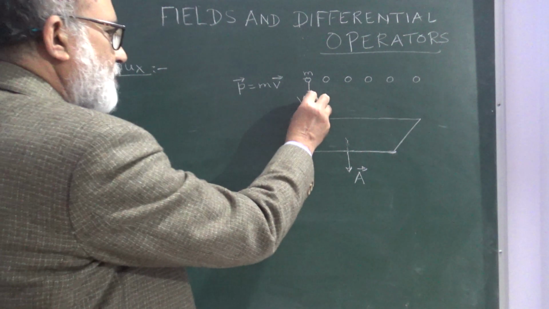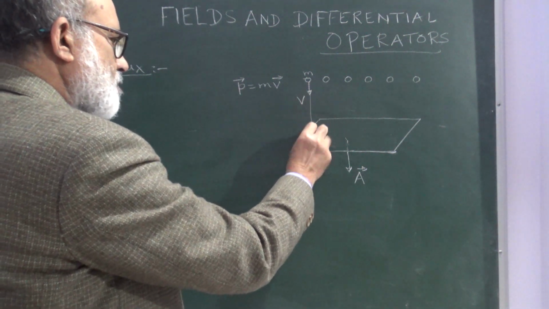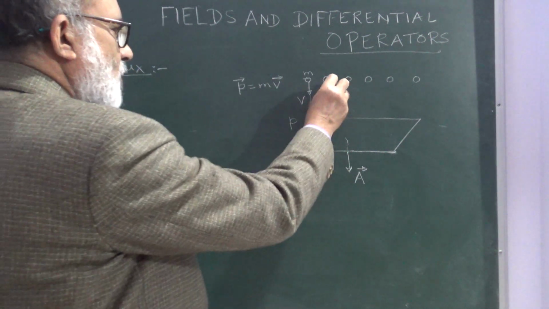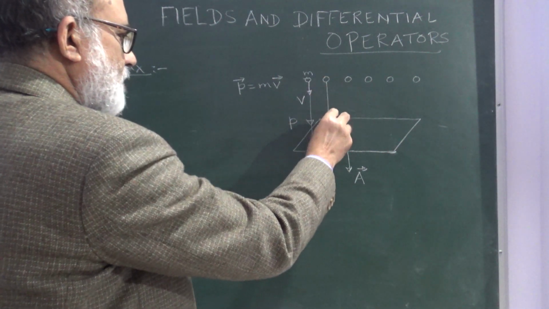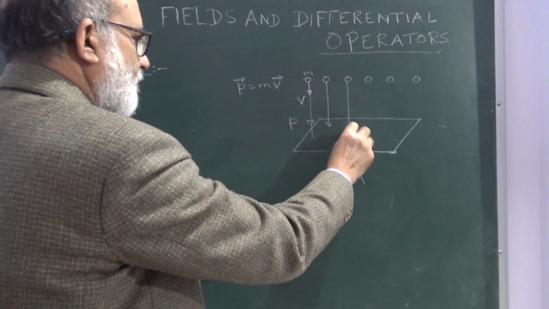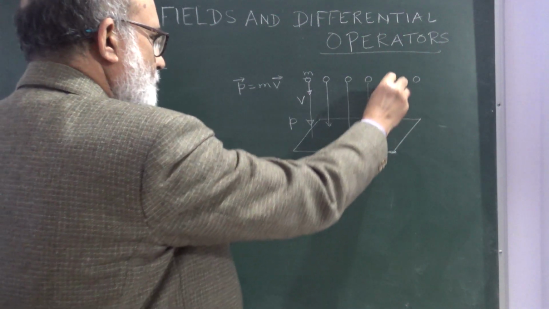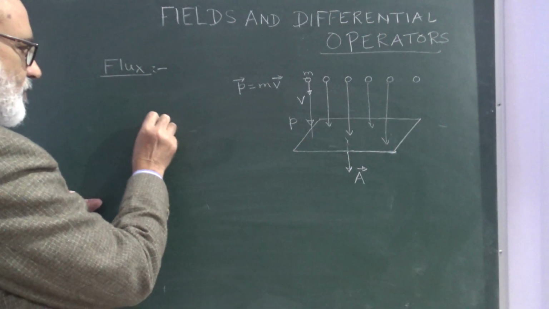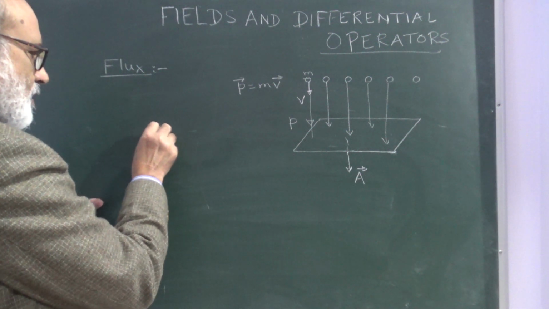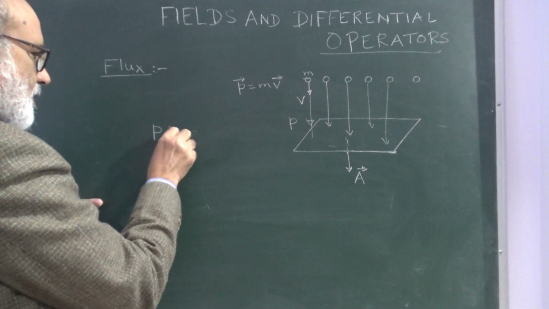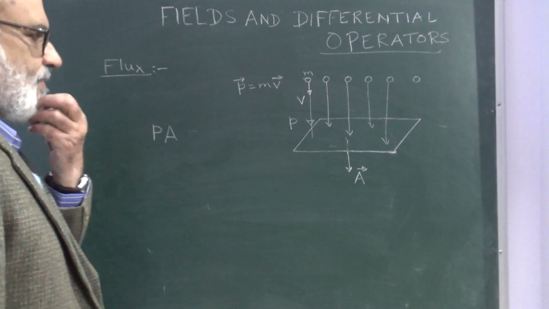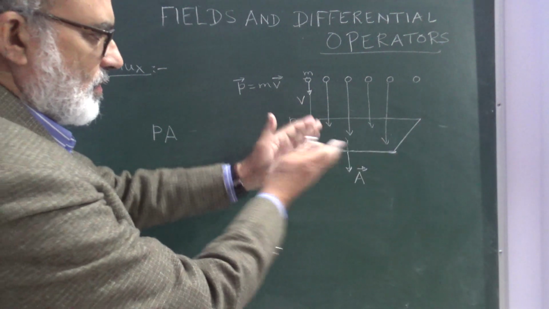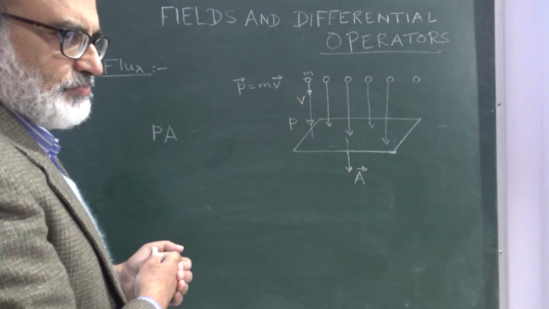Now, if we want to find the total momentum which is passing through this area, that is momentum flux. This will be P times A, momentum into area, because as you increase the area, the flux will increase, decrease the area, flux will decrease.